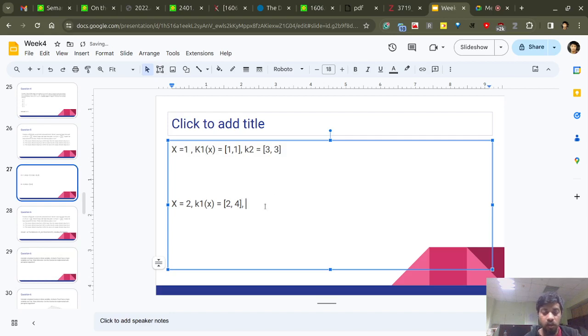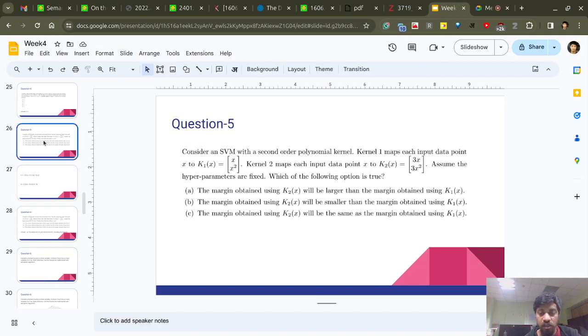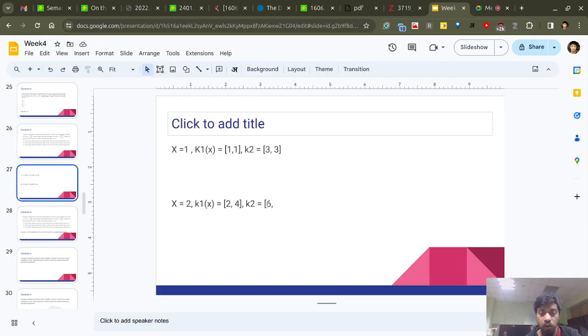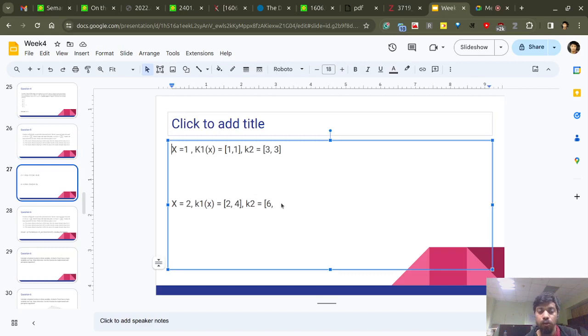And for x equal to 2, k2 is 2 into 3, which is 6, and the next one is 3x square, so 3 into x square. x square is 4, and 4 into 3 is 12, right?